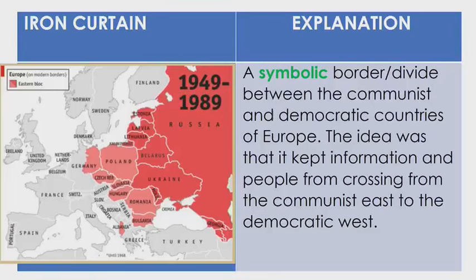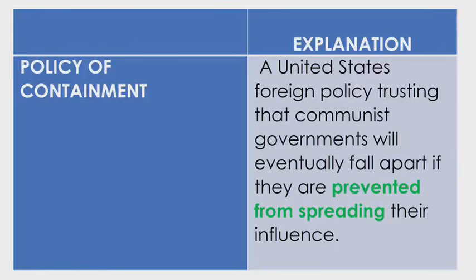Now we're going to go on to the idea of containing the spread of communism. So the USA has to introduce a set of foreign policies or a foreign policy. Everything within this period falls under the policy of containment, right? So the policy of containment is the United States foreign policy, right?